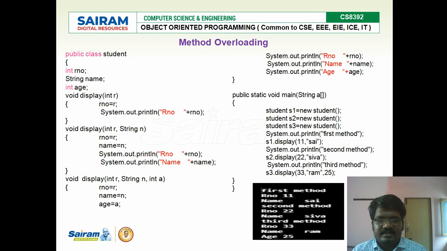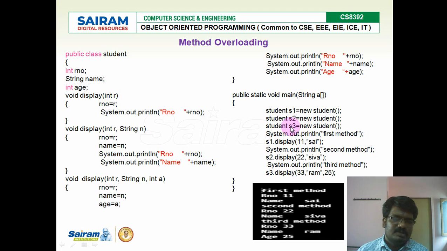Another example of method overloading with a class: public class, and my class name is Student, with instance variables, a display method with a single integer parameter, another display method with two parameters, one integer and one string, and a display method with three parameters, two integers and one string. Here I'm creating three objects, s1, s2, s3, three students, with the constructor and the new keyword.